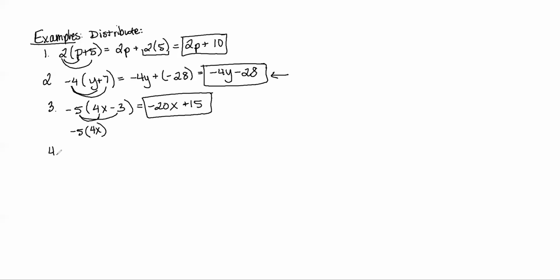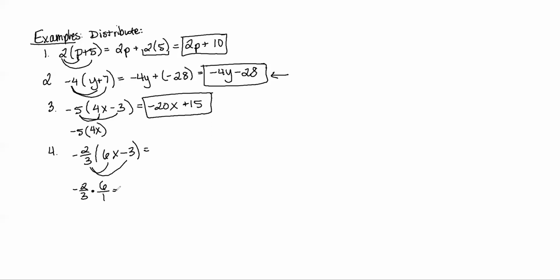All right, number 4, -2/3 times (6x minus 3). This one looks a little uglier because we have a fraction. We're still just going to distribute that in. So I'll just do the multiplication kind of off to the side. So -2/3 times 6x, I'm just going to focus on the 6, and we'll write it as 6/1.